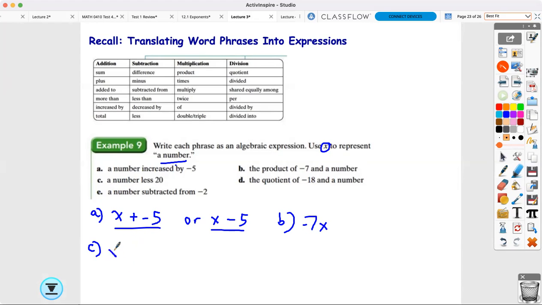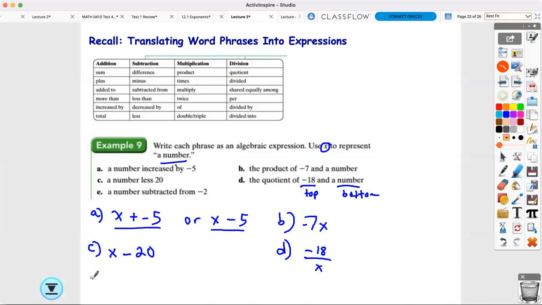So it's a number that's less 20, so we take away 20 from x. D, the quotient is division, so it'll be -18 and a number. This is the top of the fraction, and this one will be the bottom part.